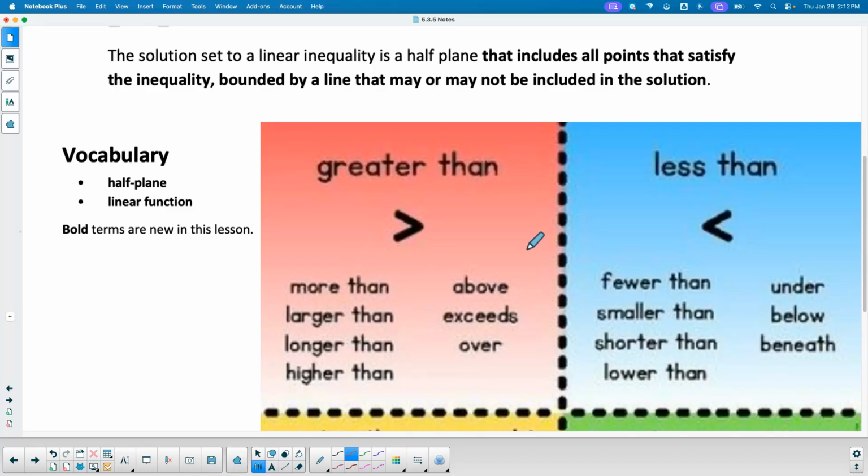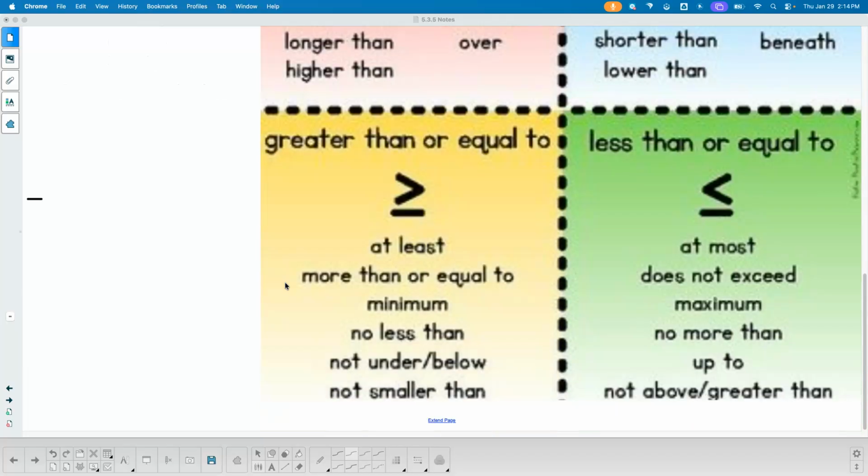They're here and they're on the front board also. So if you want to take some time right now to write down the greater than and less thans, after you get done with those, then I'll scroll down a little bit more and get the greater than or equal to, less than or equal to. Here then are your greater than or equal to, less than or equal to words. Again, the majority of them are on the front board if you didn't get them all.